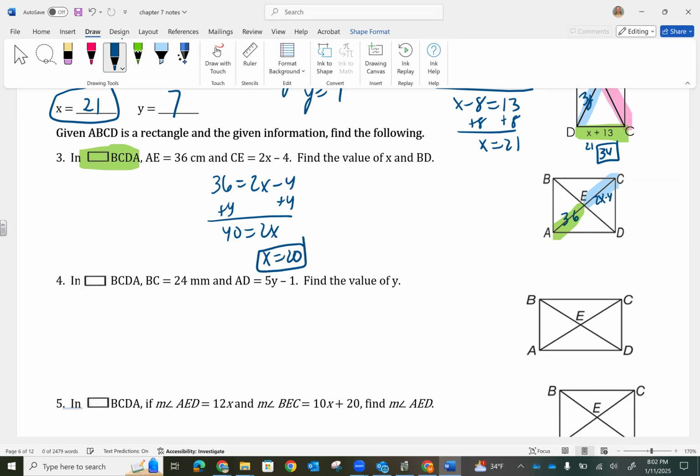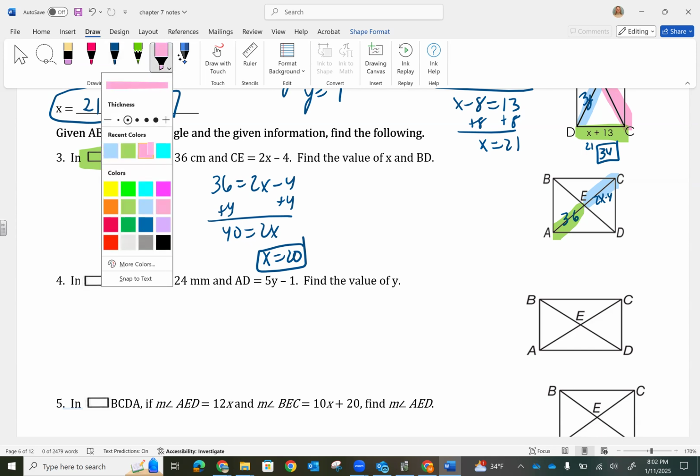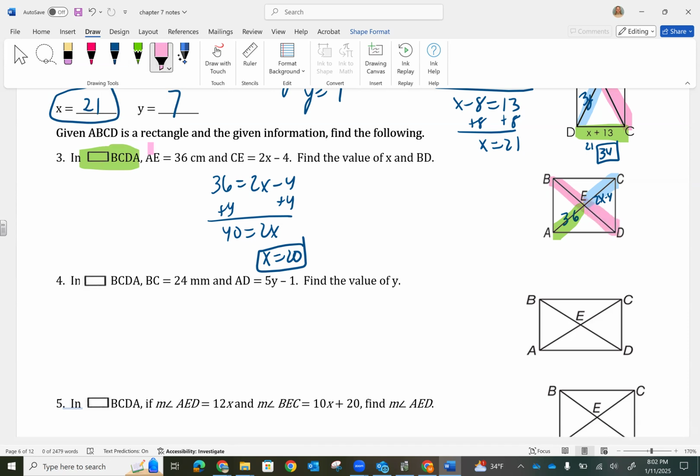And then if x is 20, then what would be the length from B to D? Well, B to D is the opposite diagonal, but because it's a rectangle, both diagonals are equal in length. So if you find the length of one diagonal, you can find the length of the other one. And so again, that's not true on a parallelogram, is it? You have a longer one and a shorter one on a parallelogram, but on a rectangle, both diagonals are equal in size.